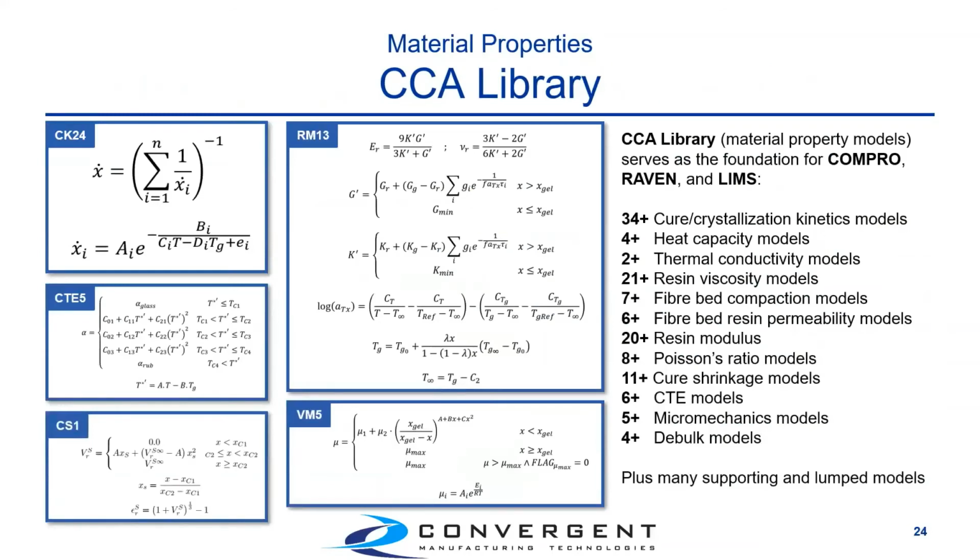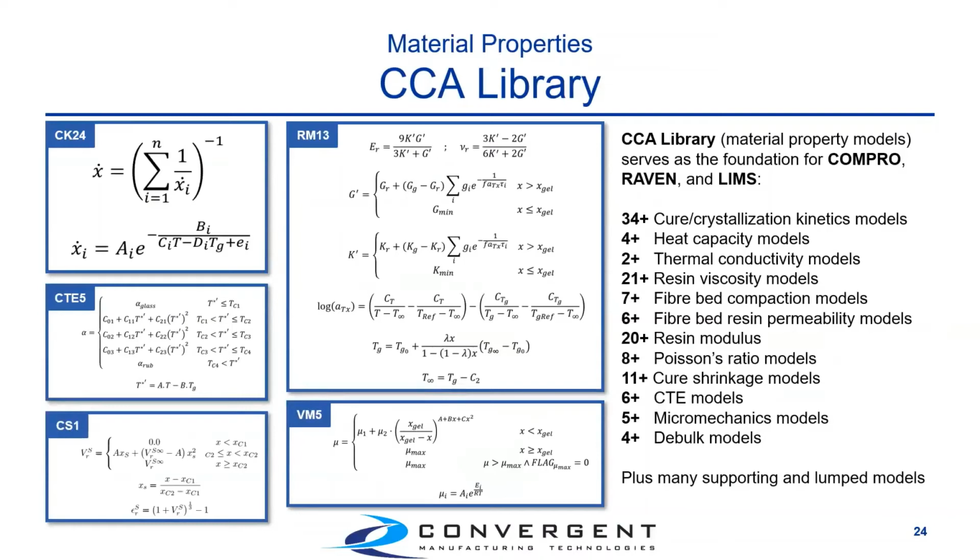We have a very large library of models, more than 34 cure kinetics models, more than 23 or 24 resin modulus models. So it's a very rich library of material constitutive models that incorporates a lot of models that are available in the open literature, and some that are developed by Convergent.